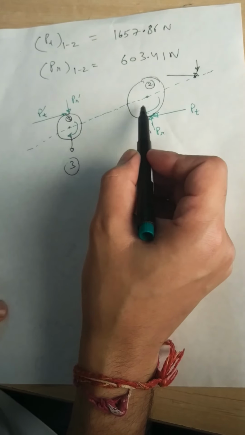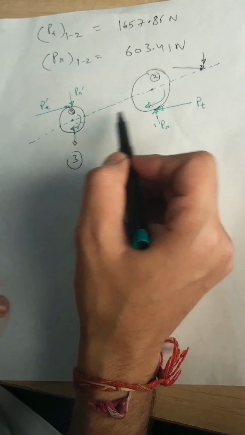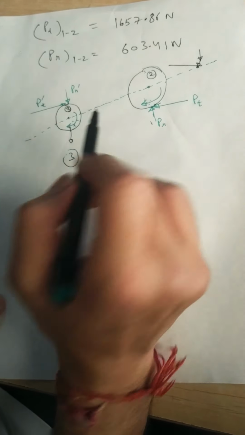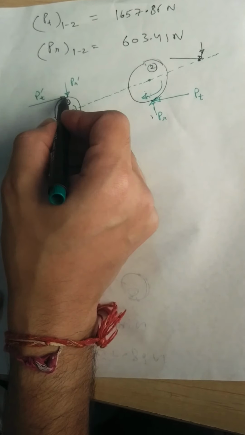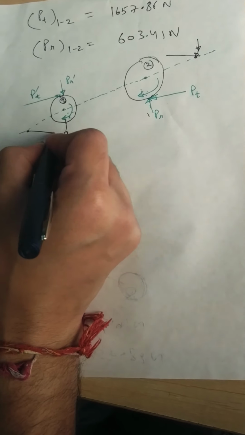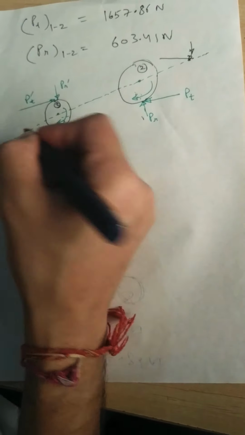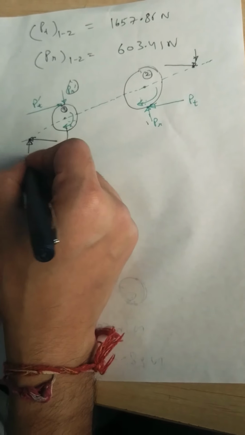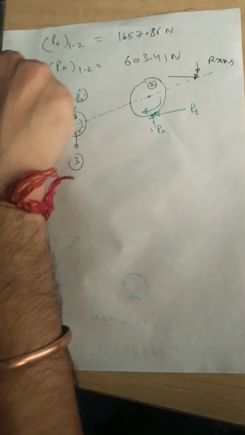See, the point here is both gears will have the same direction of rotation since they both are on one shaft, which is the common shaft. So the reaction shall be like this in the central shaft and this for PR. These are reactions, right?